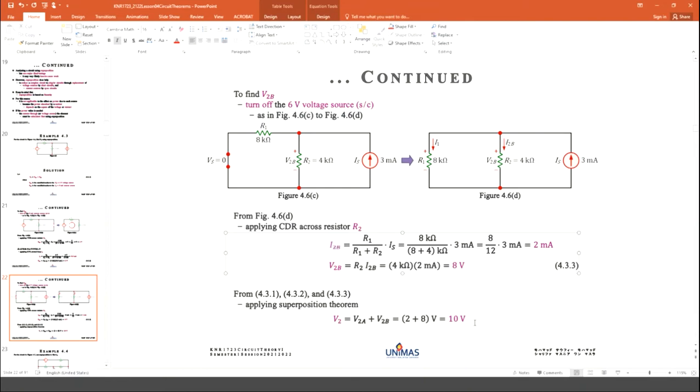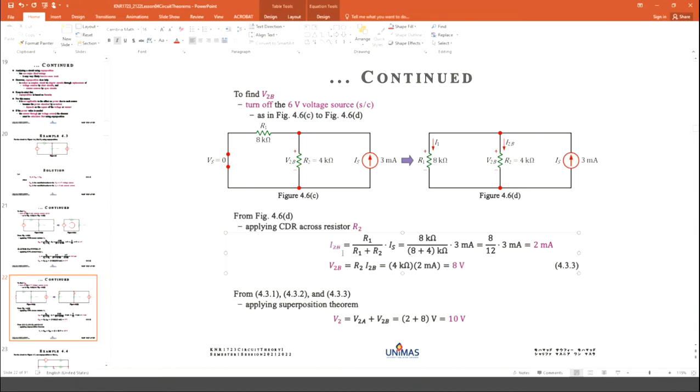I2 saja kan? Yes, sir. I2 only. Okay, betul kan I2B. Sama juga dekat sini, dia tulis I2 saja. Betul tak? So you letak I2B, you can put also I2, no problem. So you know that I1 and I2, but you just want to be specific. It is I2B because this is V2B, so the current is I2B.